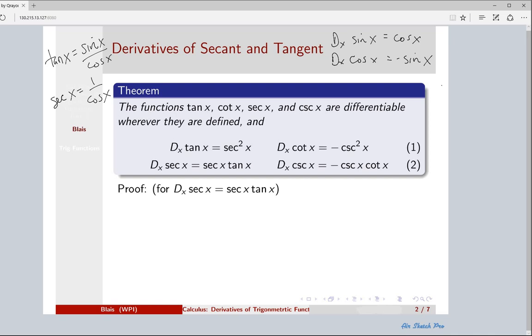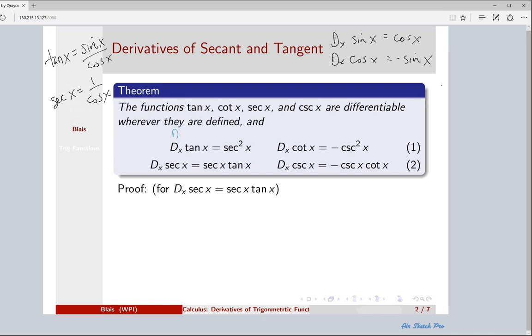Now you might have wondered in the past, why are the trig functions named the way they are? Why is secant 1 over cosine instead of 1 over sine? Why is tangent sine over cosine instead of cosine over sine? Well, the answer comes from this layout of derivatives. And let's actually rewrite our sine and cosine.